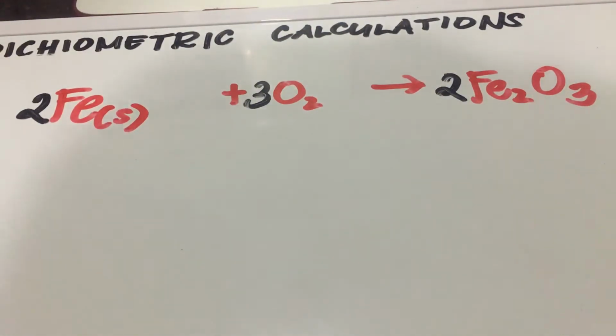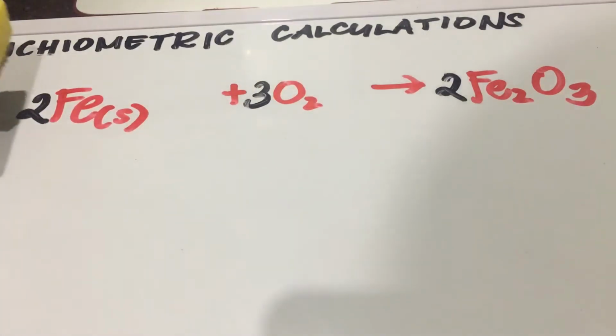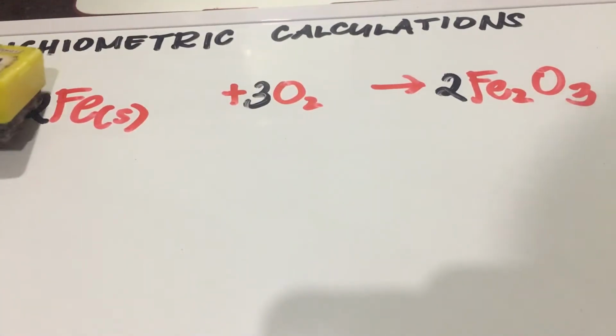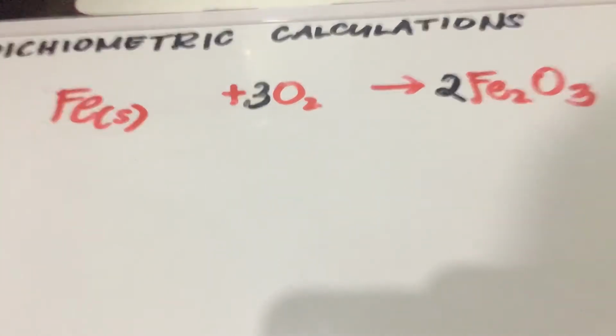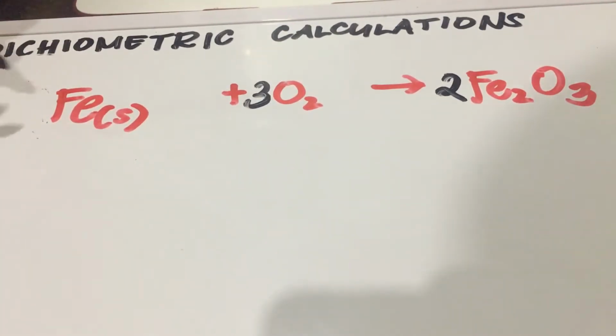But if you've noticed, the number of iron atoms has been affected also. So to equalize the number of iron atoms, we'll have to change the coefficient previously from 2, we make it into 4. Alright?